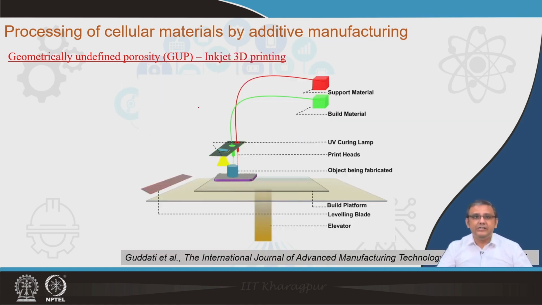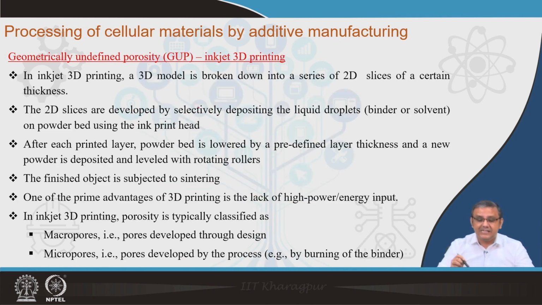Now, this slide shows the schematic of the inkjet 3D printing process, and as we know, inkjet 3D printing was one of the first AM techniques to be established worldwide for fabricating bulk components. As you can see here, we start with the initial model creation of the 3D component, and after this is created, we deposit the binder material and support material in the form of liquid droplets on this platform.